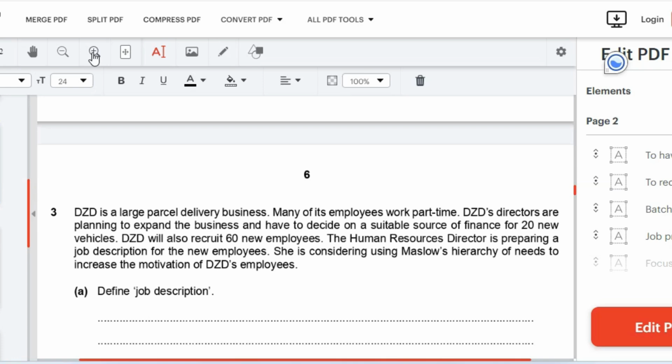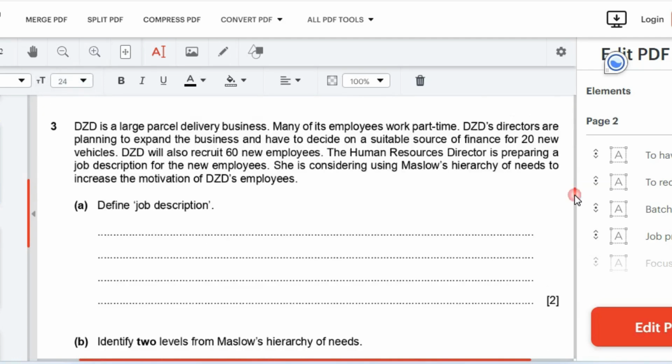DZD will also recruit 60 new employees. The Human Resources Director is preparing a job description for the new employees. She is considering using Maslow's hierarchy of needs to increase the motivation of DZD's employees.